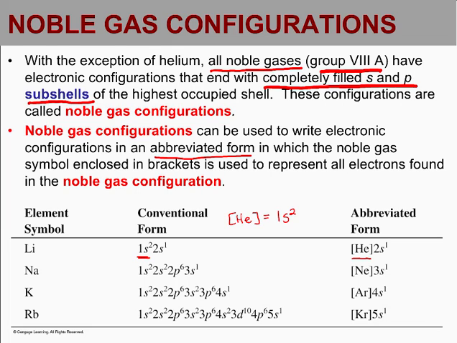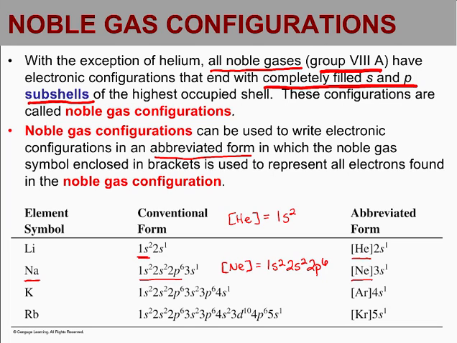Now, we also saw earlier that neon has an electron configuration of 1s2, 2s2, 2p6, because neon has 10 electrons. So for sodium, instead of 1s2, 2s2, 2p6, 3s1, we could substitute neon in for the first 3 subshells. Then we would have neon in brackets followed by 3s1. And that's much easier and simpler to write than the full electron configuration.